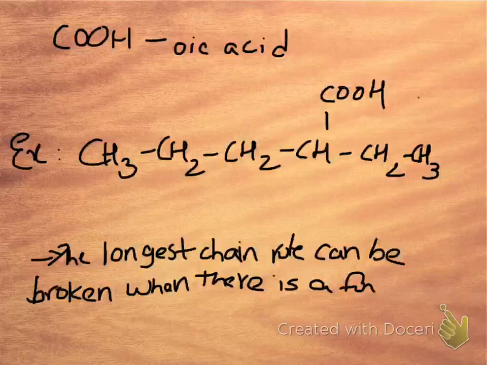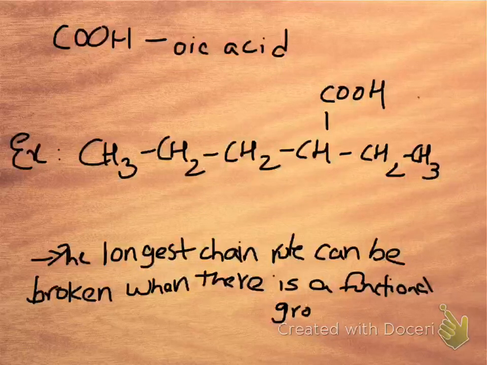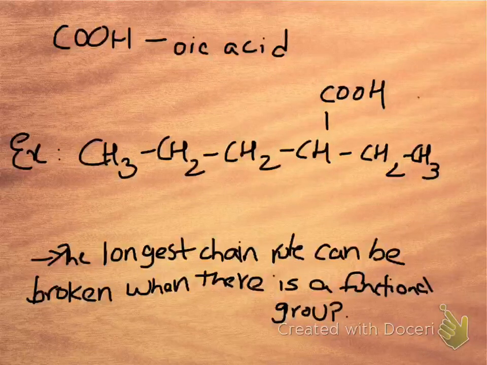So this line means that now you can check. This one is the longest chain and this one is the shortest. Now the longest chain rule can be broken when a functional group is given.